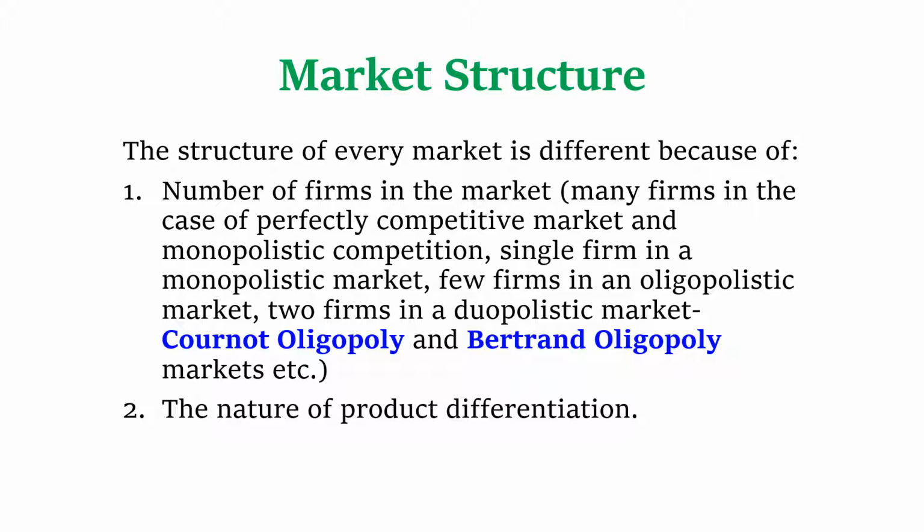Now, when we say homogeneous products, they are identical in every respect in terms of what? In terms of the attributes, in terms of the price, in terms of the product performance, in other words, performance characteristics. So that is the case of an oligopolistic homogeneous product market.